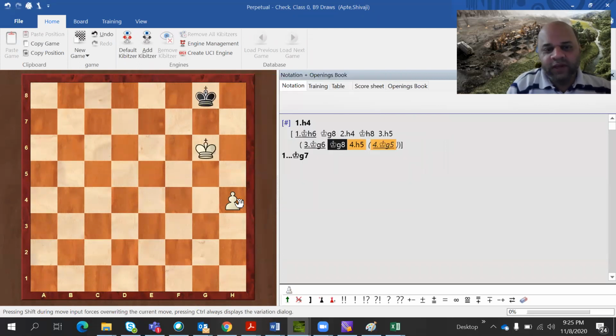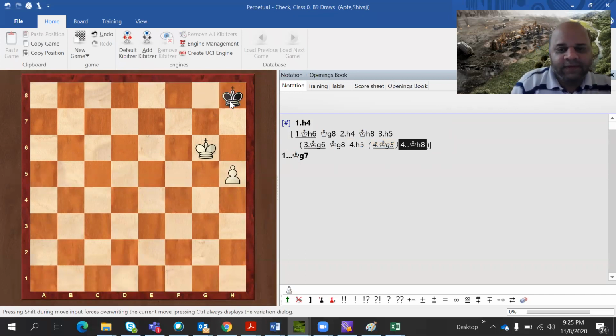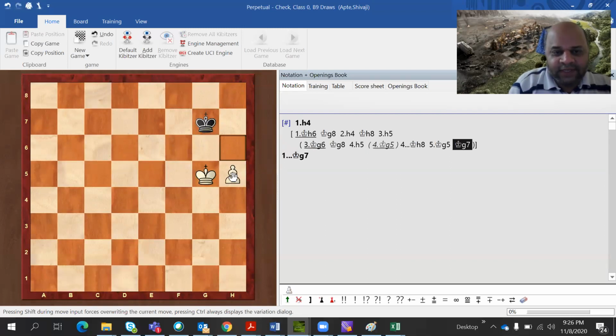Okay, pawn to H5 again, king to H8. King to G5, king to G7. Check with the pawn, king to H7.